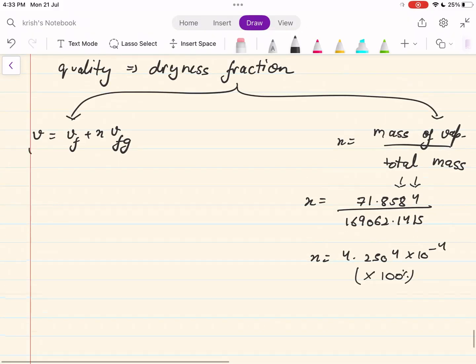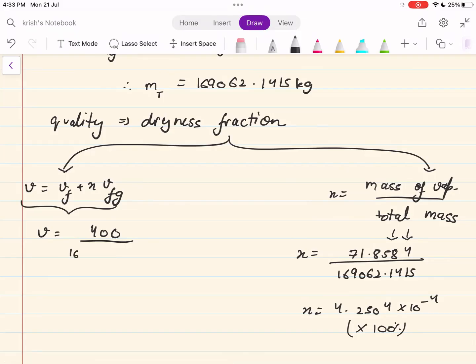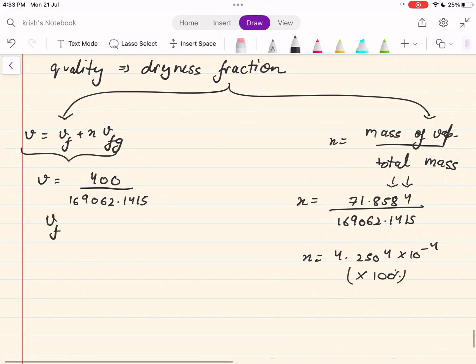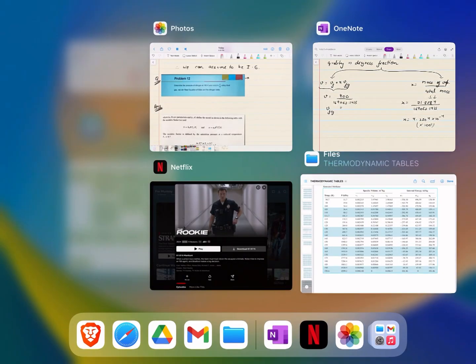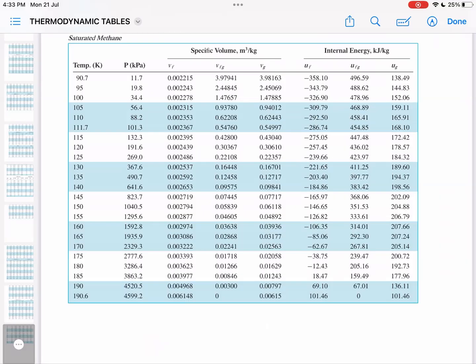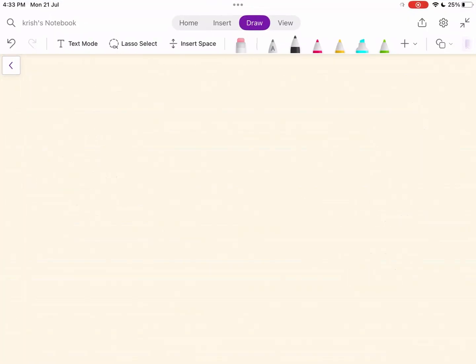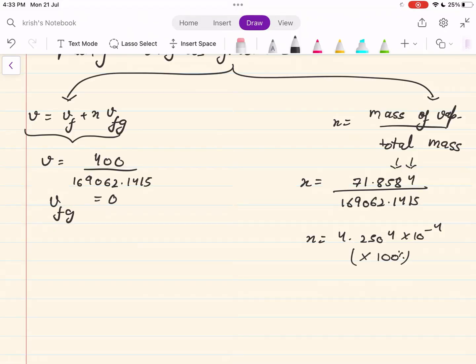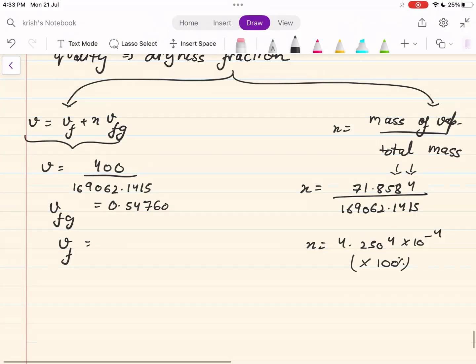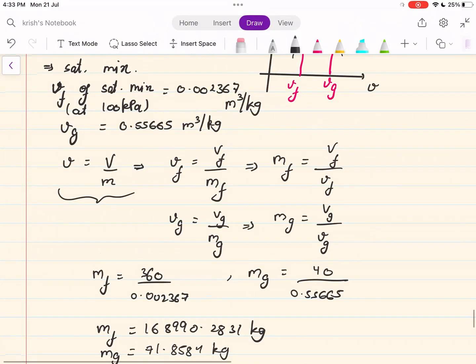And if we were to use the other method, then our small v would be the total volume of the mixture, 400, upon the total mass, which was 1690.62.1415, and the Vfg value we would have gotten from the table using 101 kilopascal as 0.54760, and the Vf value we already had over here.